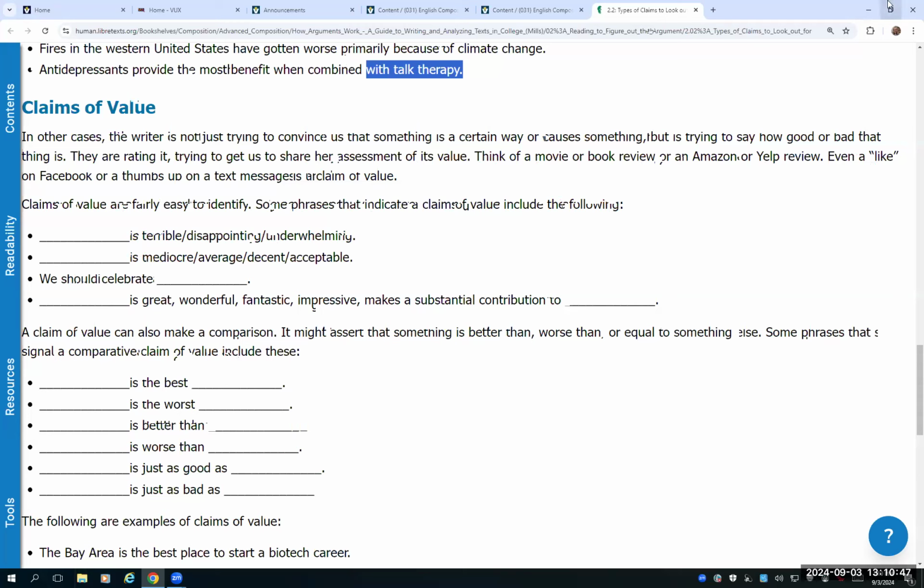And if you're wondering what kind of claim something is, if it's a claim of value, it will answer this question: is the claim primarily taking a stand on how good or bad something is?